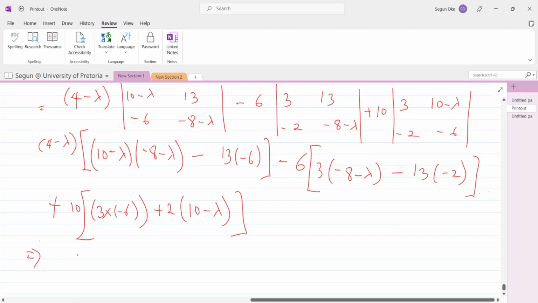So the first one will be, you have 4 minus lambda. If you open the bracket, what do you have? Minus 80, right? Yes, sir. Minus 10 lambda plus 8 lambda, 8 lambda plus lambda squared plus 78.